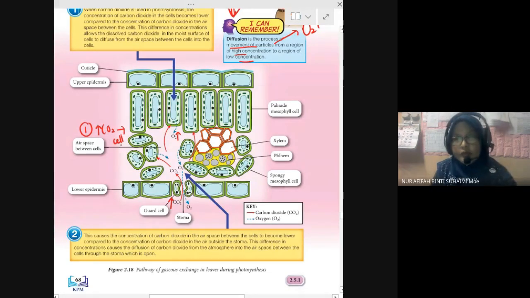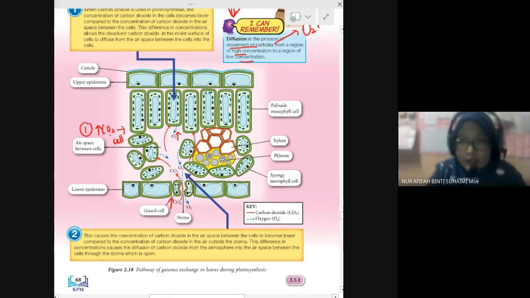After the carbon dioxide is diffused into the plant cell, the green one, the concentration becomes lower and lower.